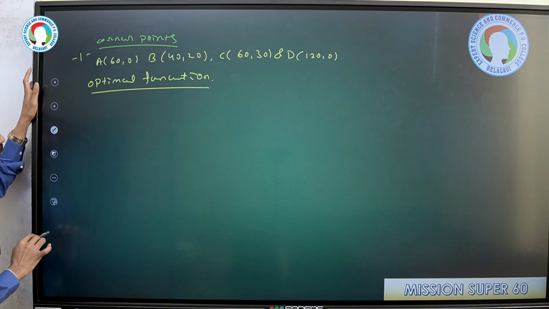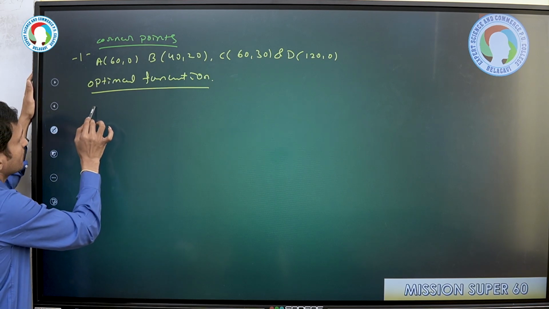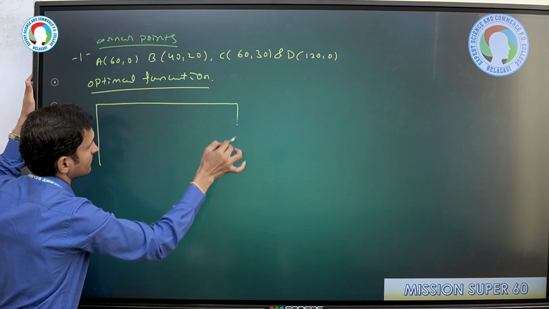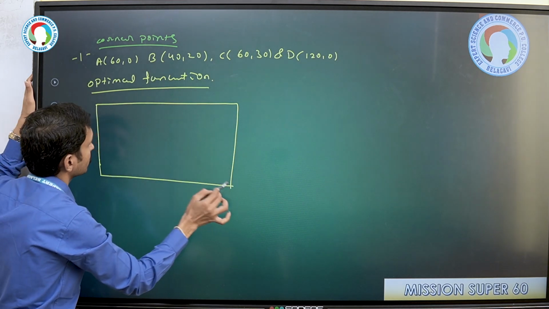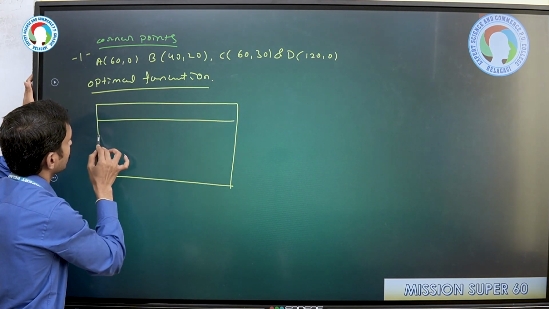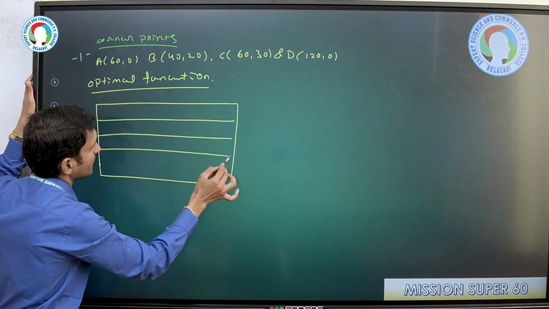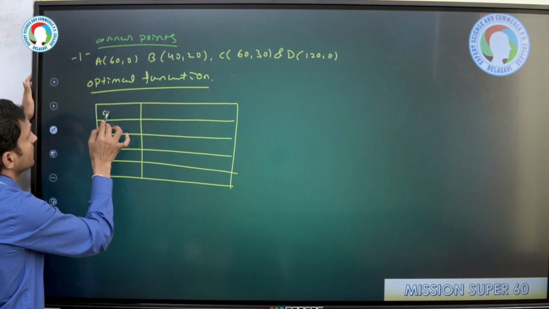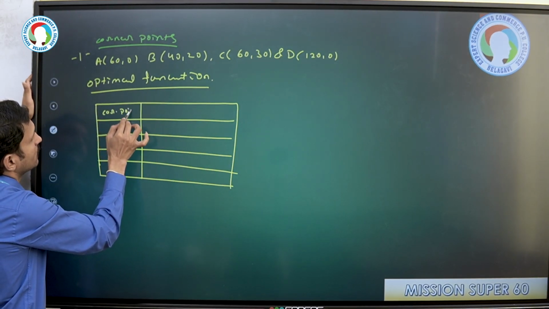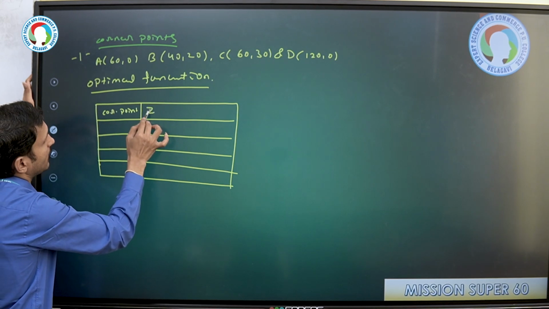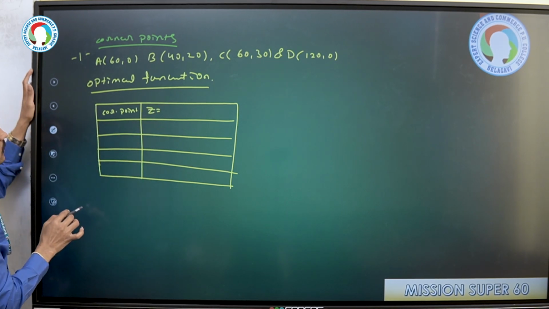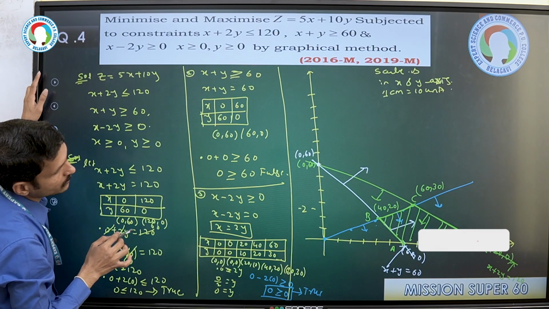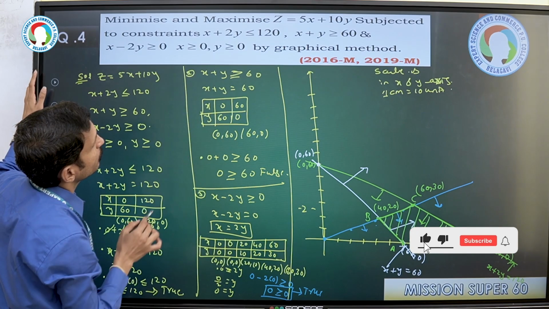What is the objective function? First you want to prepare the box: A, B, C and D. So these are the corner points and the Z value. What is the Z value? Z value is 5x plus 10y.